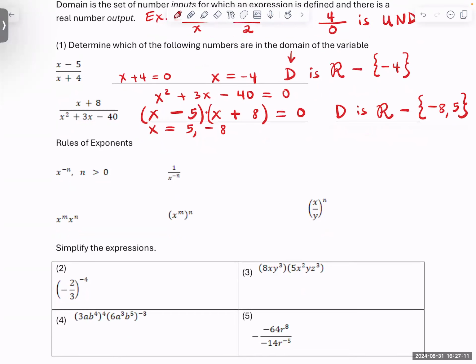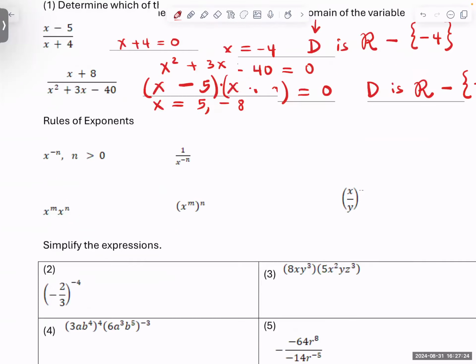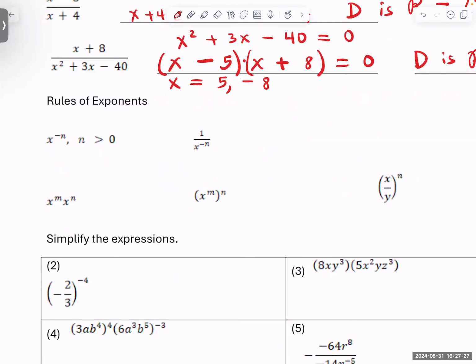Rules of exponents. If x is a real number raised to a negative exponent, and it's assumed that n is greater than 0, this is equivalent to 1 divided by x raised to the n.